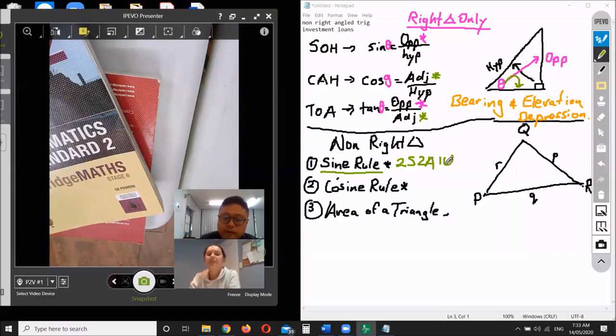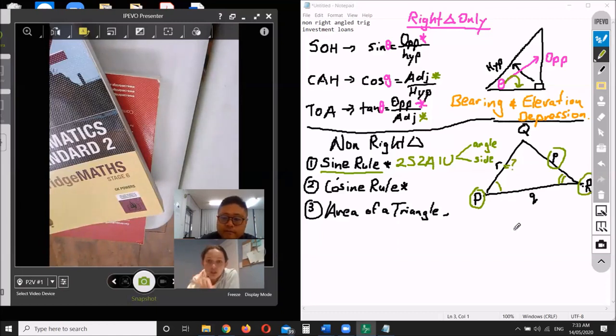That unknown can be an angle or a side. So what do I mean by that? Just say we were given information for this angle, but we had to work out this side.